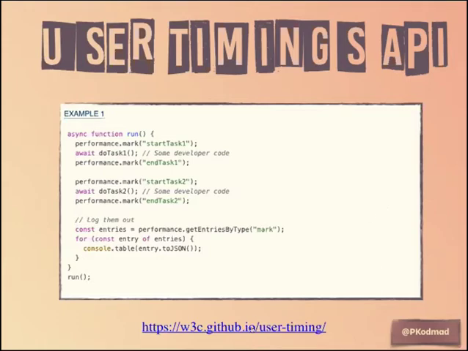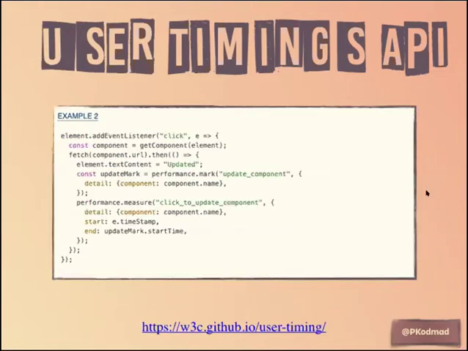You can go here to see more about marks and what other kinds there are. So to measure is to see the difference between marks and send other details. You can even send a feature toggle that's controlling a feature, and see what kind of measurements you get when it's toggled off and when it's toggled on. So this can be useful.